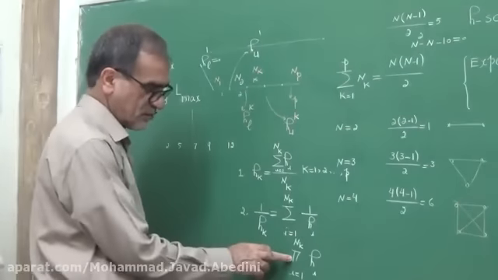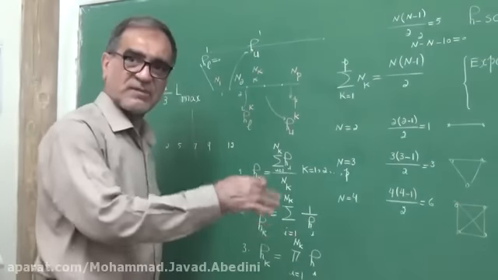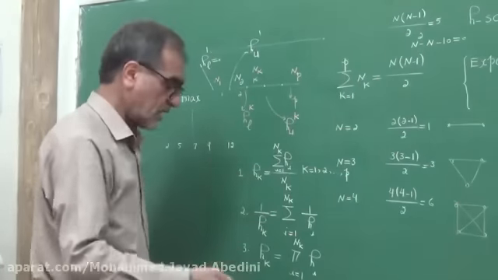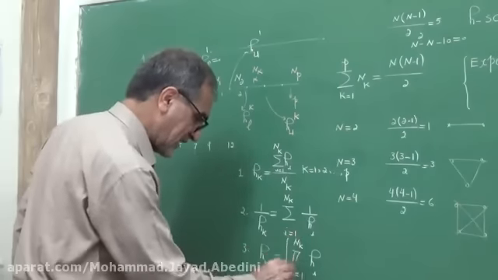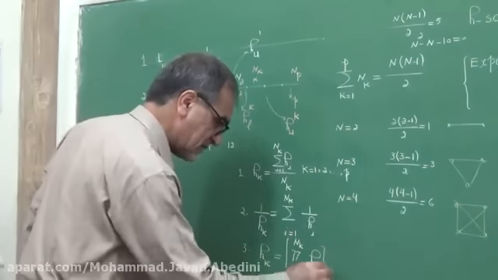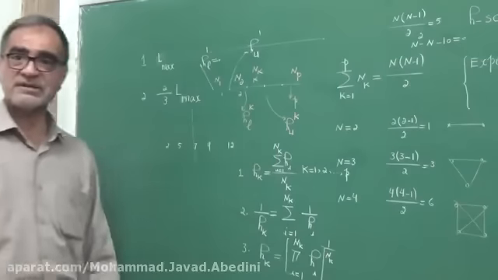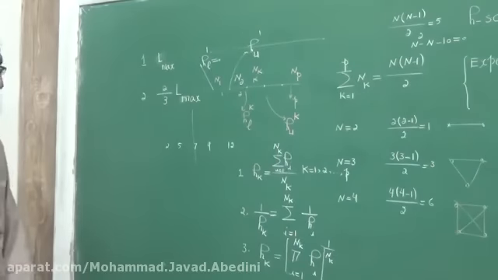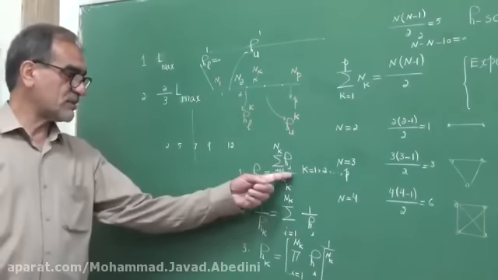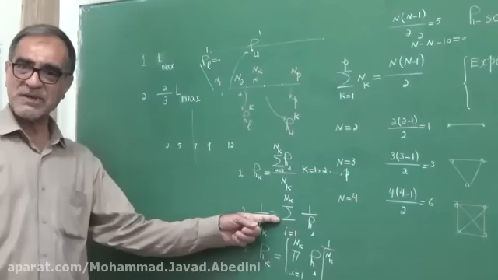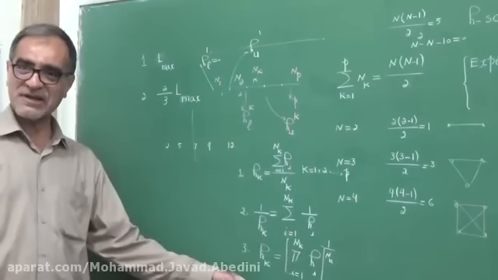This notation implies that you have to multiply H1 by H2 by H3 and so on, and then raise this to the power of 1 over n sub k. Arithmetic mean, harmonic mean, geometric mean.